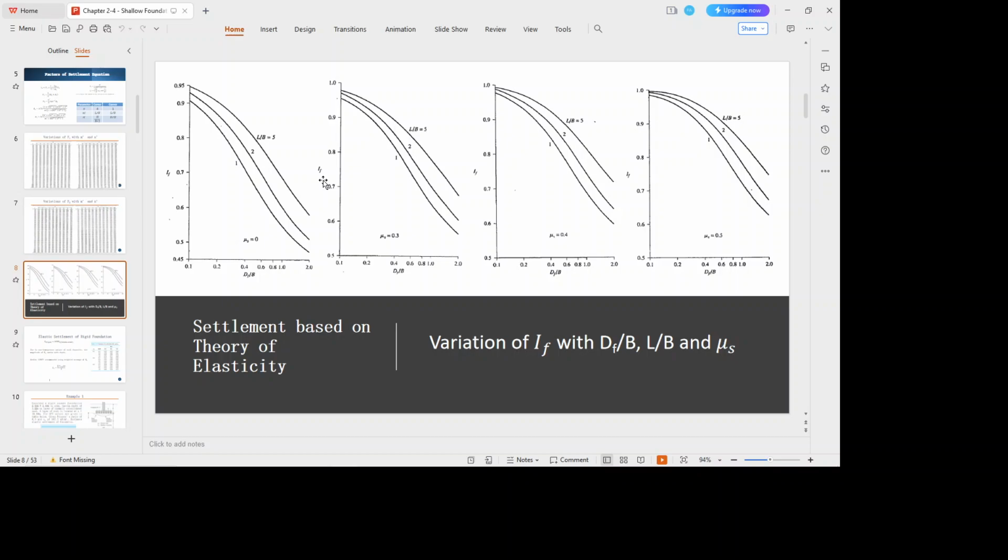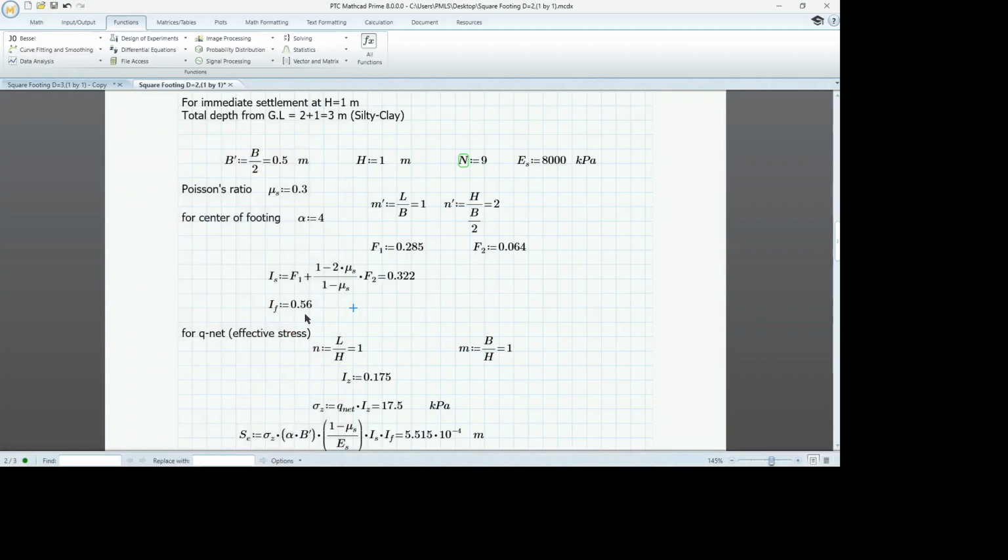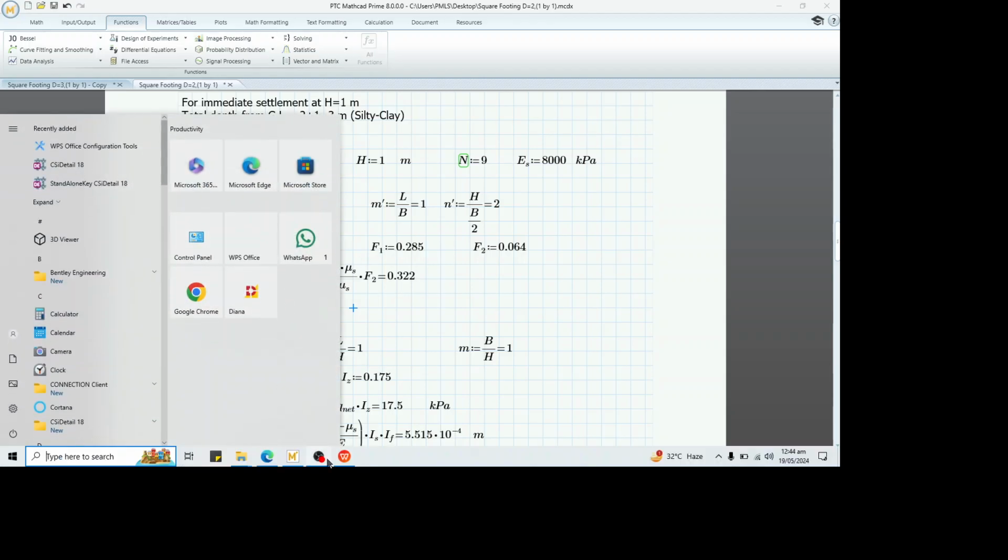This is the IF: depth of foundation over B and length of foundation over B. From this we will calculate the IF. Poisson ratio 0.3. Here is the IF calculated from this.